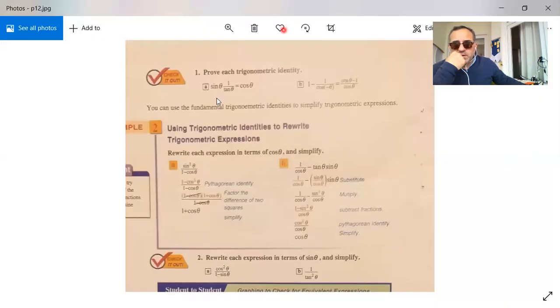A and B we have. Let me solve now A, or we prove A. Let me write bigger.